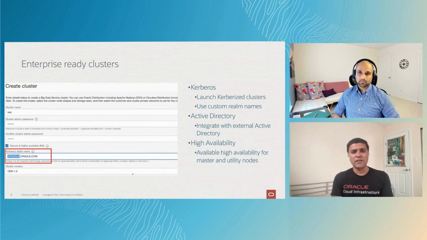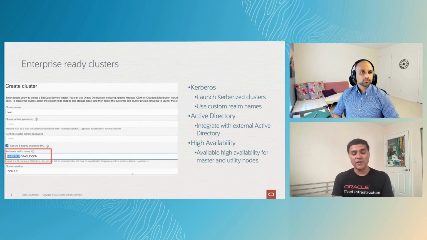In terms of our security features, when you launch your cluster, you can just check a box that says give me Kerberos clusters, and we are going to configure your cluster that way. We let you configure your Kerberos realm names. So if you're using Kerberos in your own realms and you have other applications in that realm, for example, you can reuse that with BDS as well, making it flexible.